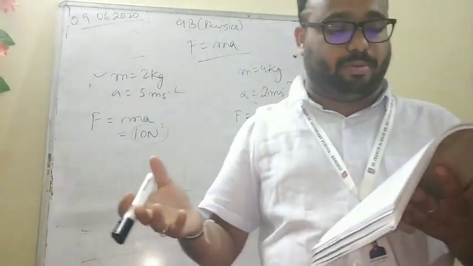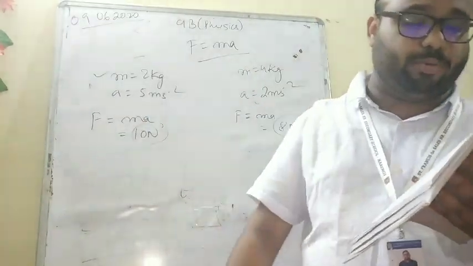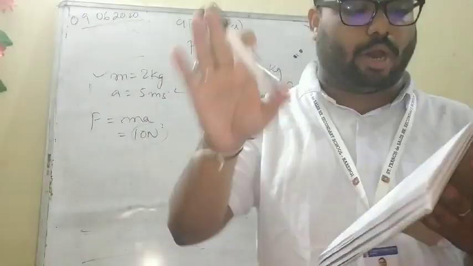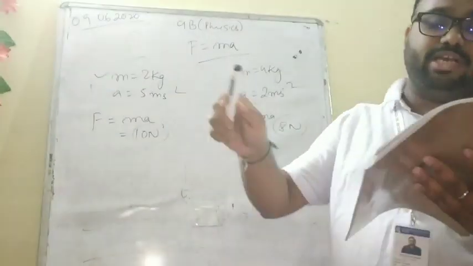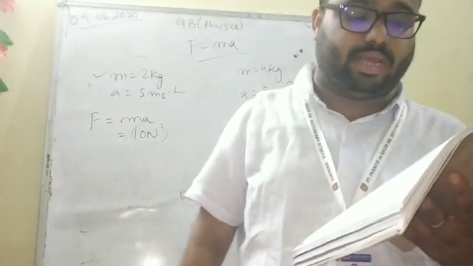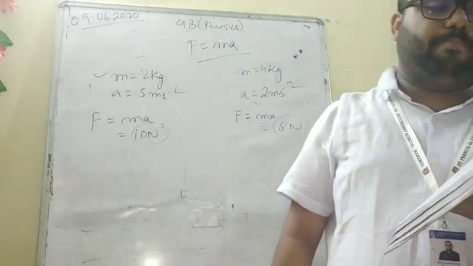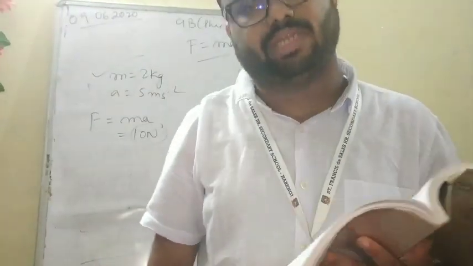Next question, example 9.3. Velocity is given to you, that is, u is given. Time is given, and brakes are applied. It stops, so stopped means v is equal to 0. You have to calculate the force exerted when the mass is 1000 kg.